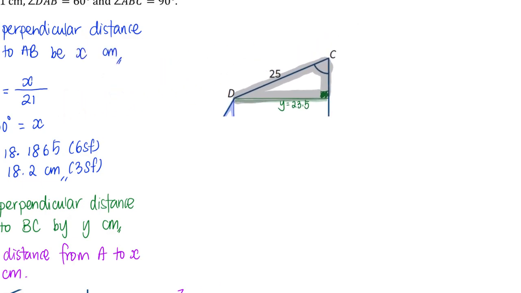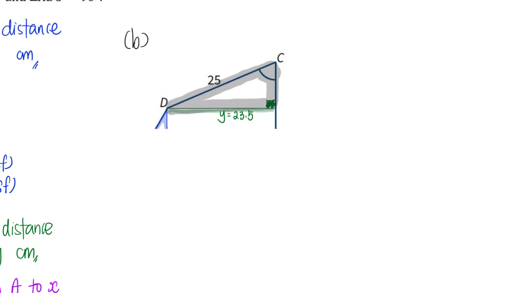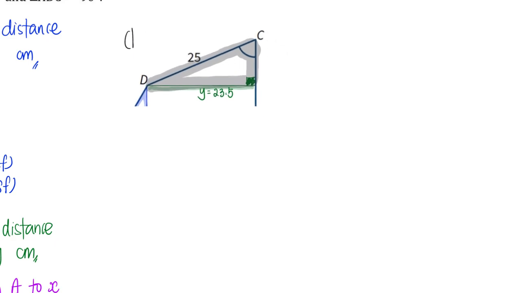So part B. With this, this will be my angle BCD. Then with respect to this angle BCD, this is my hypo and this is my opposite side. So Tuakaso, given O and H, I'm going to tap on my sine ratio.